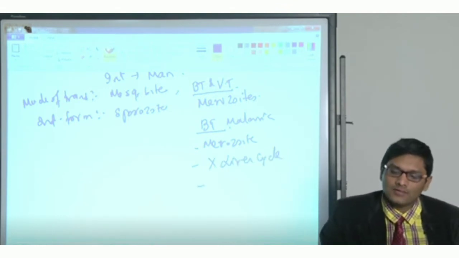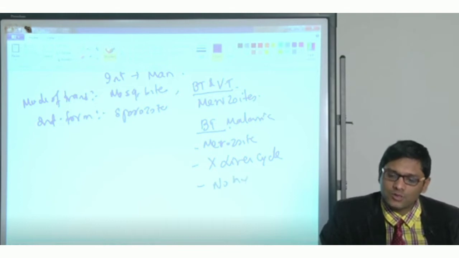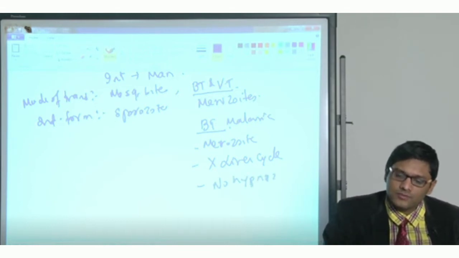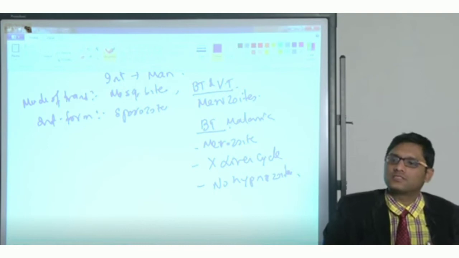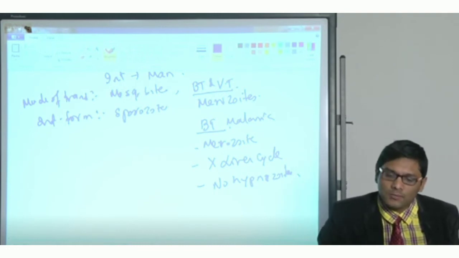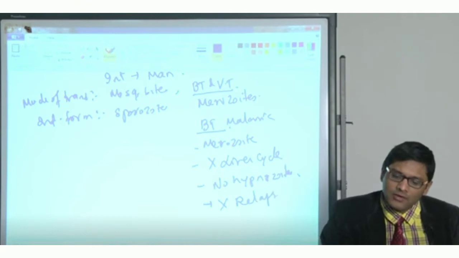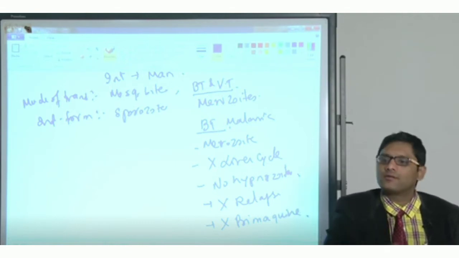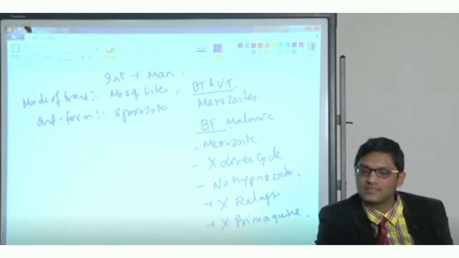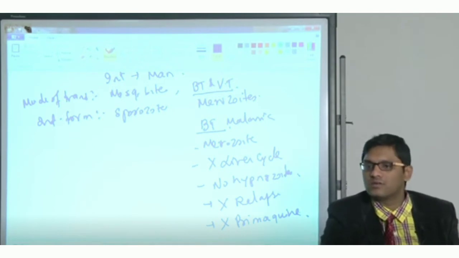If there is no liver cycle, there is no hypnozoites. Hypnozoites are the dormant stage in liver. If there is no hypnozoite, then there is no relapse. If there is no relapse, there is no need to give the drug of choice for relapse, that is primaquine. All these are the differences between a transfusion associated malaria and a mosquito borne malaria.